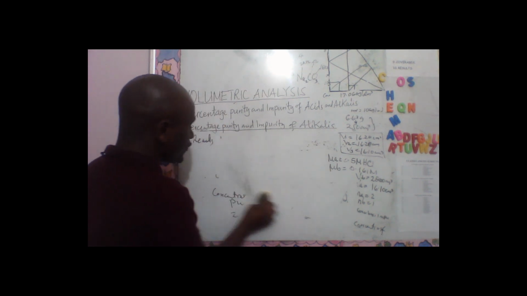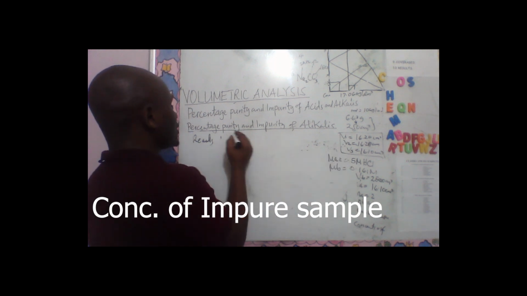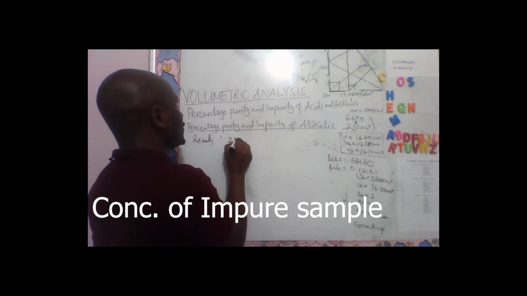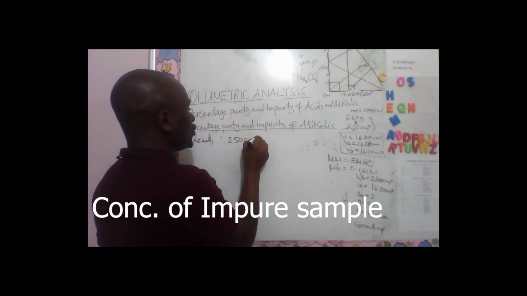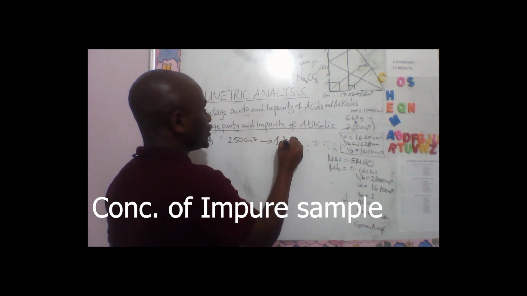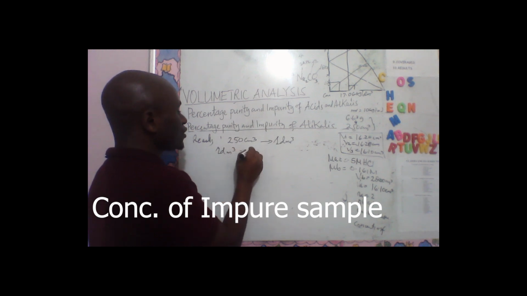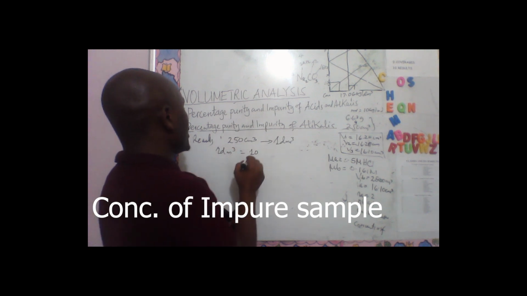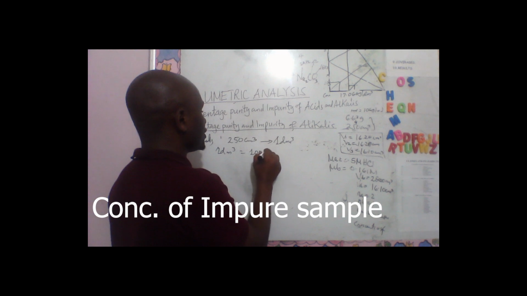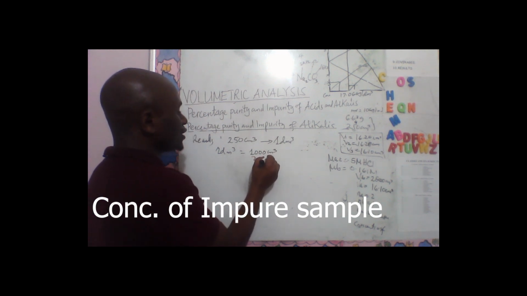The concentration of impure is very simple. To convert this 250 centimeter cube to decimeter cube, we recall that 1 decimeter cube is equal to 1,000 centimeter cube. What about the 250 centimeter cube?